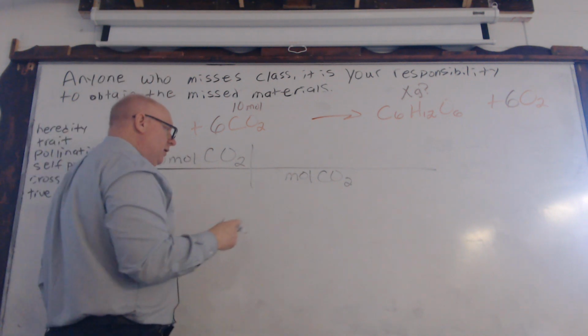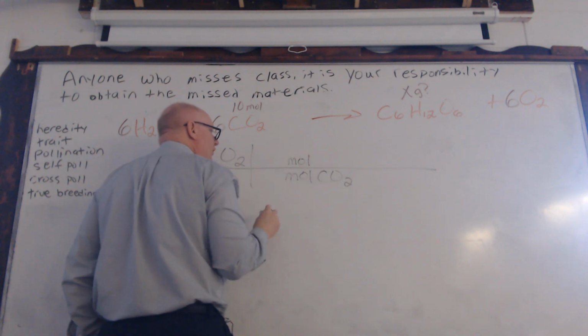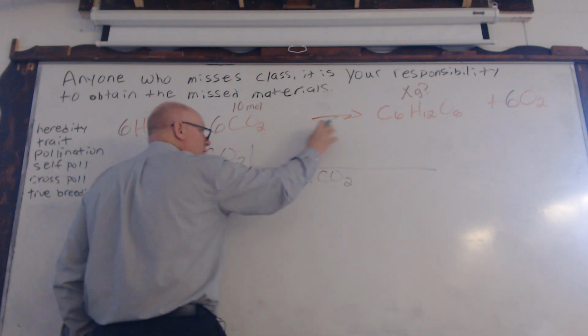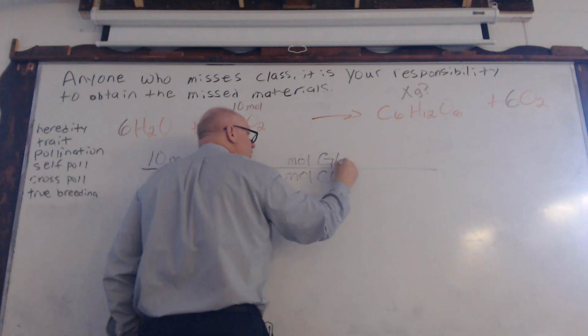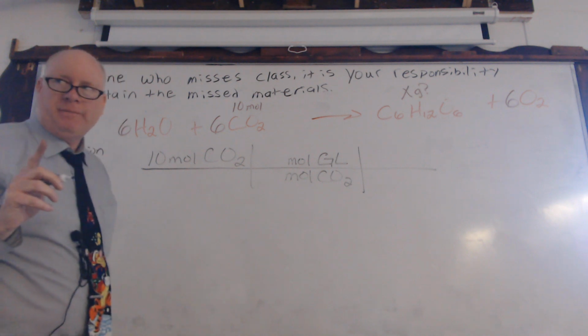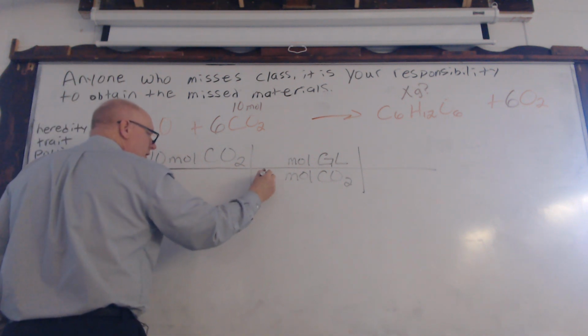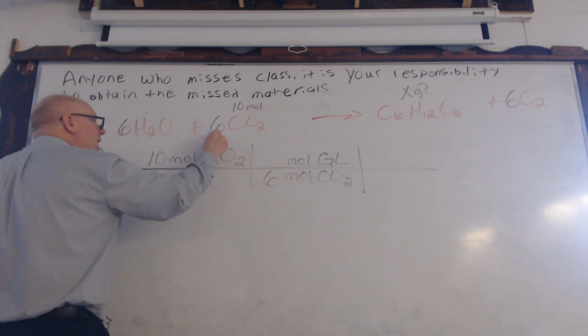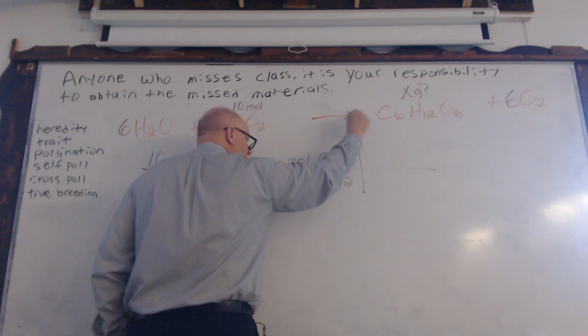Okay, so moles of what do you think? What are we looking for? Now, you can do this, but you better be careful. I'll explain why in just a moment. Is there anything in front of CO2? That's 6 from that one. Is there anything in front of this glucose?